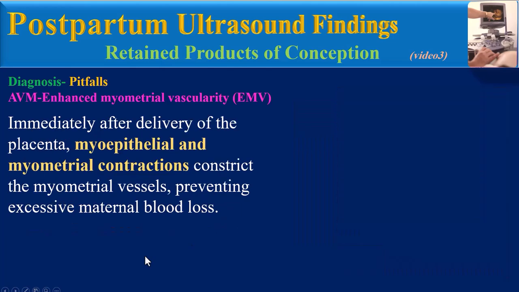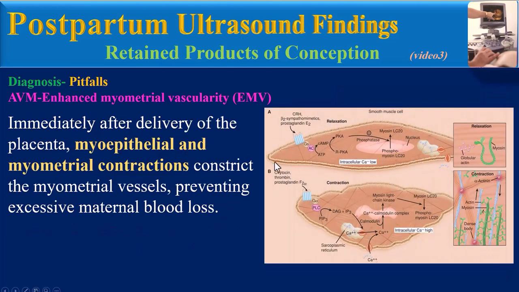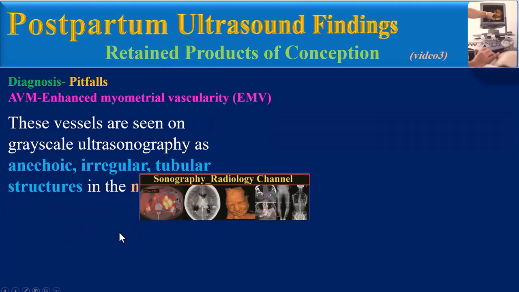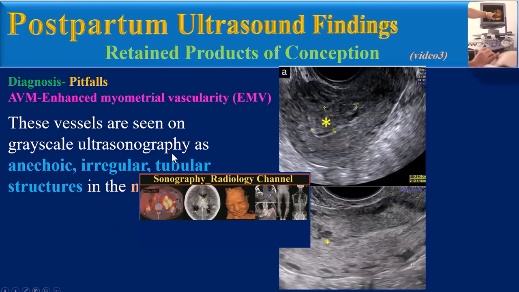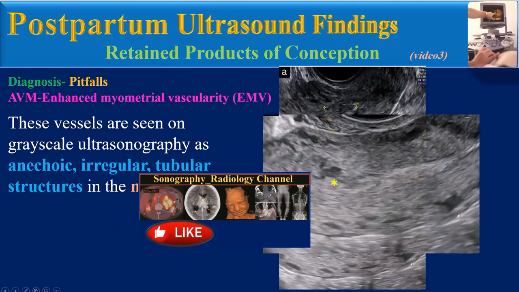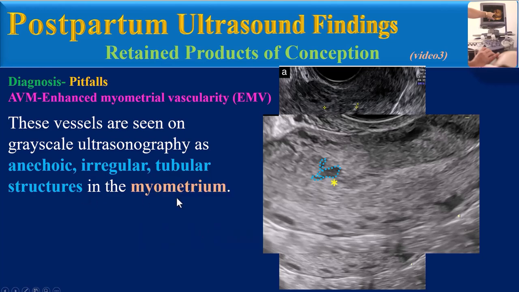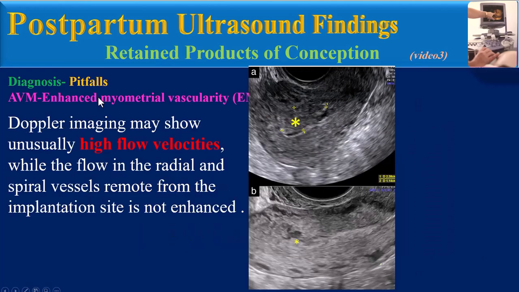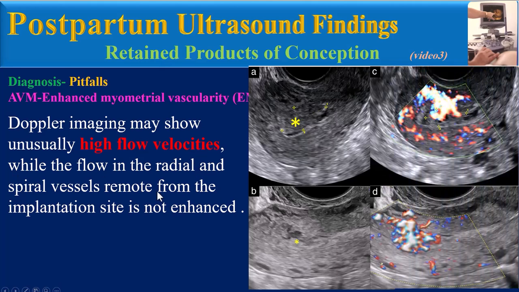Immediately after delivery of the placenta, myoepithelial and myometrial contractions constrict the myometrial vessels, preventing excessive maternal blood loss. These vessels are seen on grayscale ultrasonography as anechoic, irregular tubular structures in the myometrium. Doppler imaging may show unusually high flow velocities, while the flow in the radial and spiral vessels removed from the implantation site is not enhanced.